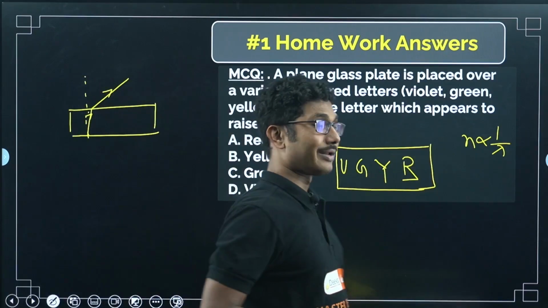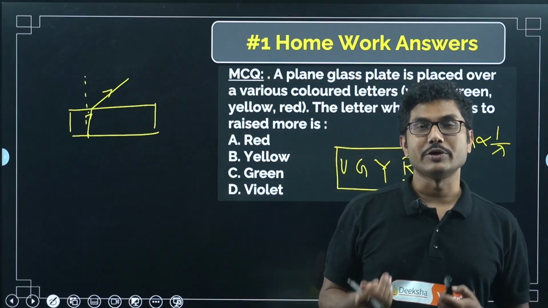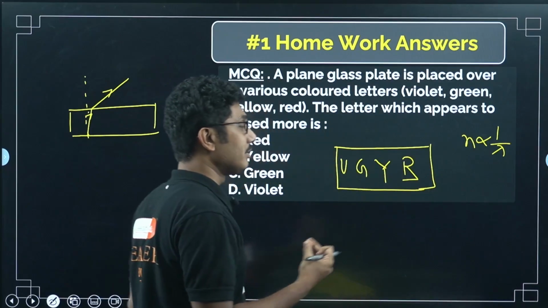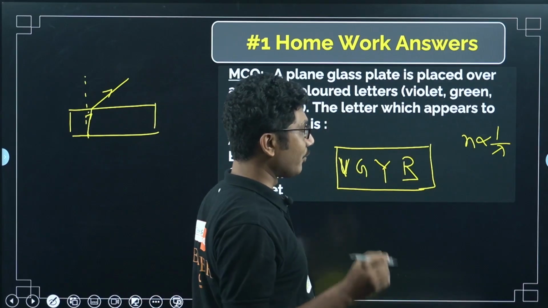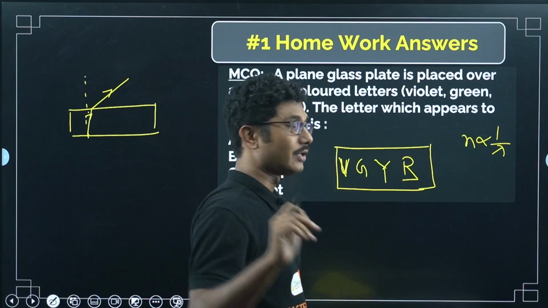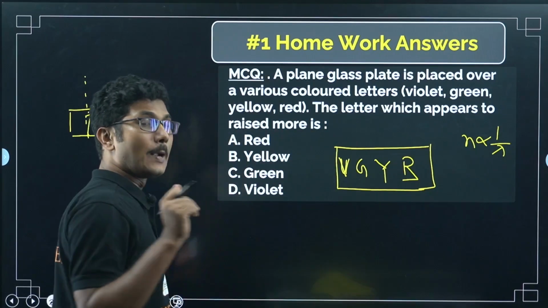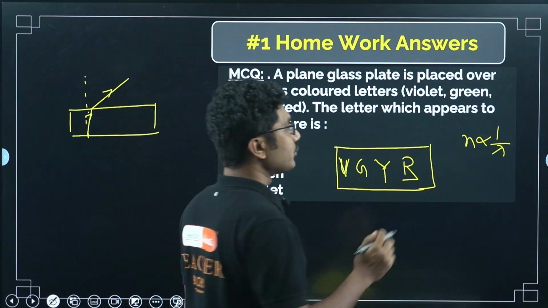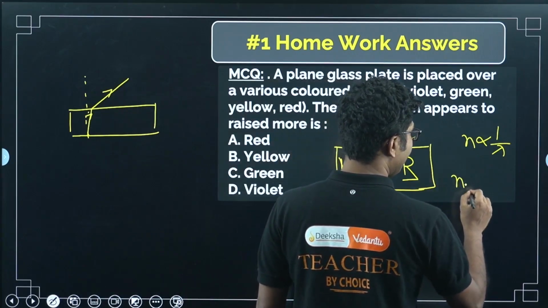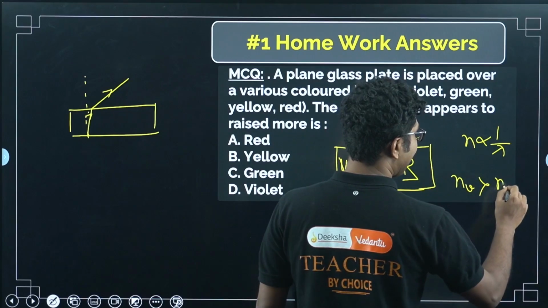Red has the highest wavelength, so it will have less refractive index, but violet should have the highest refractive index. Why? Because violet has the lowest wavelength, right? So NV should be greater than NR.